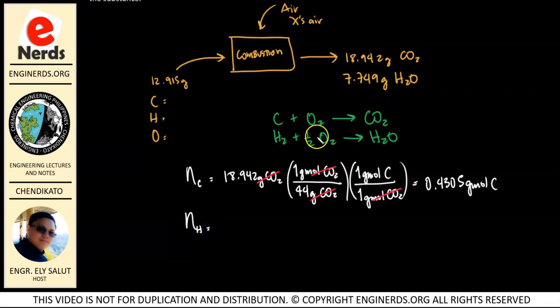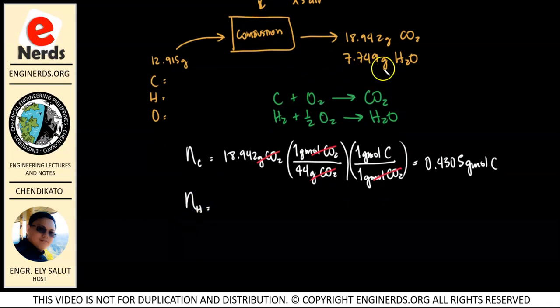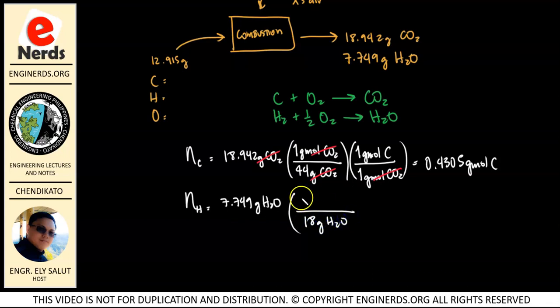This time, we will base that dito sa ating water na nandito, no? So, we have 7.749 grams of water. And then, we have 18 grams of water for every 1 gram mole of water. Okay?